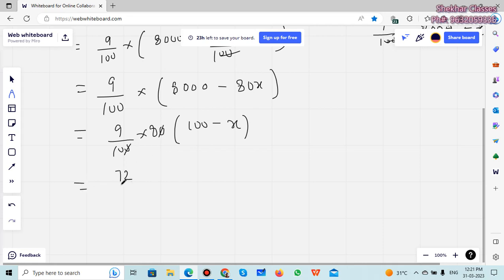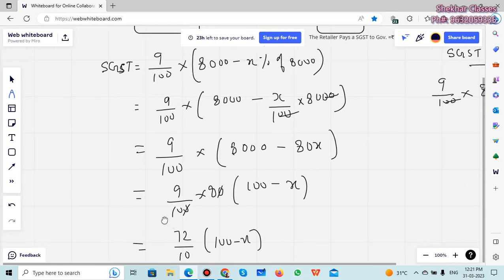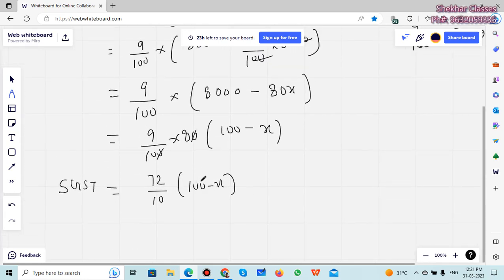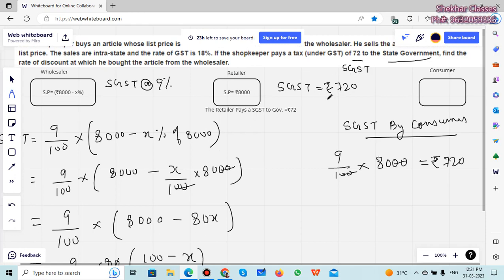So 72 upon 10 into 100 minus x. Now this is the 9% SGST we have calculated, right? This much is the amount paid by whom? The retailer to the wholesaler. And how much has he got? 720.